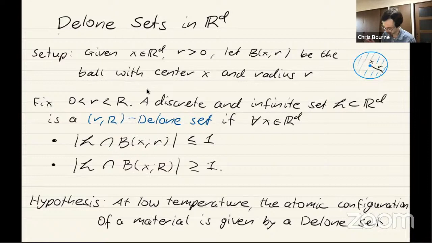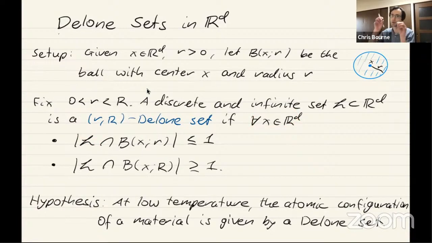This curly L is a little r, big R Delone set if two criteria are satisfied. Firstly, if I look at the intersection of L with the smaller ball, the ball of radius small r, and the vertical lines mean the number of elements in that set, that should be no bigger than 1. This should be true for any x.